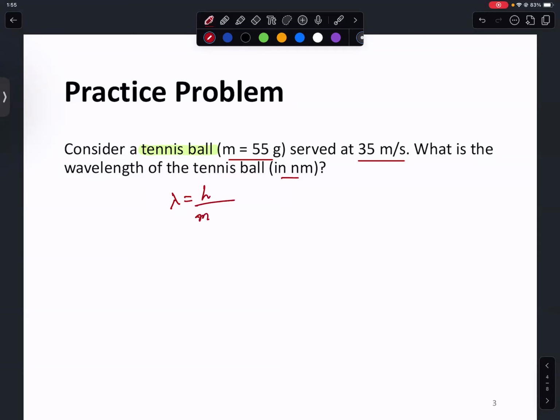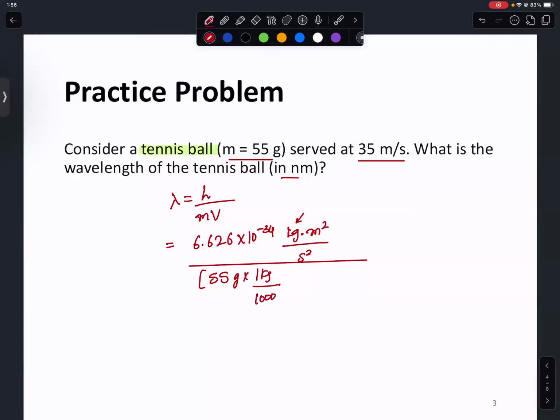Planck's constant divided by mass times velocity, and this equals 6.626 times 10 to the negative 34 kilogram meter squared over second squared divided by the 55. Remember here, this is in kilograms, so I have to convert this also to kilograms, times the 35 meters per second.